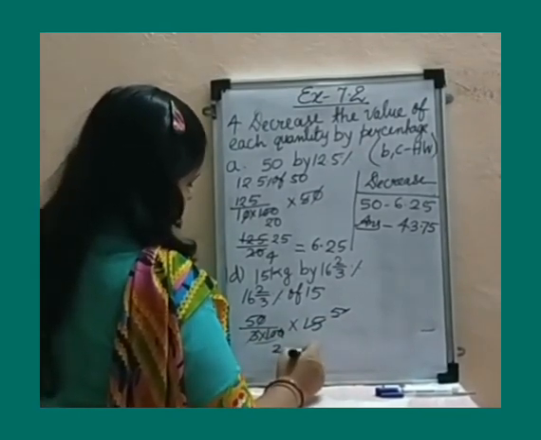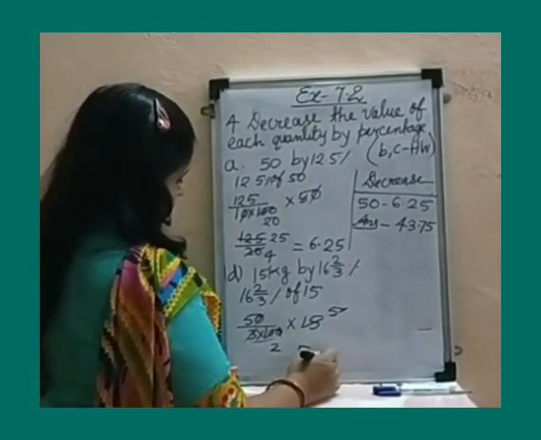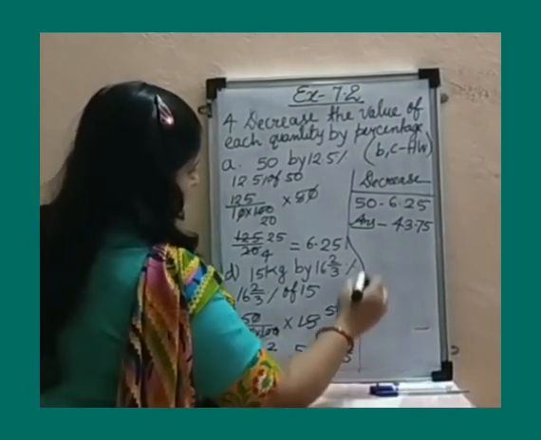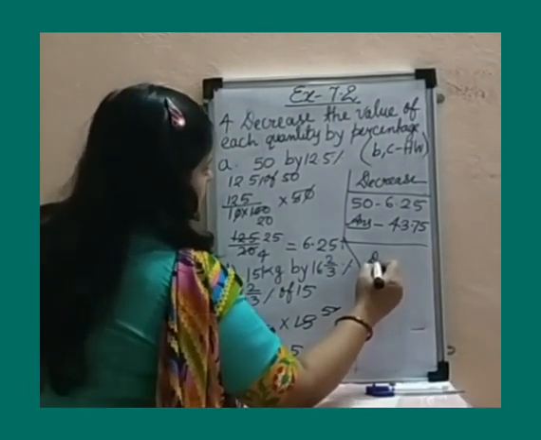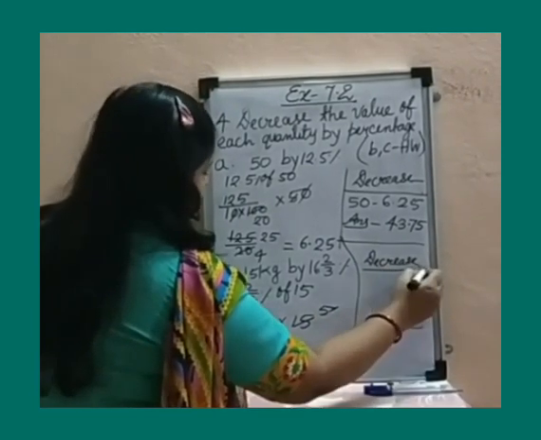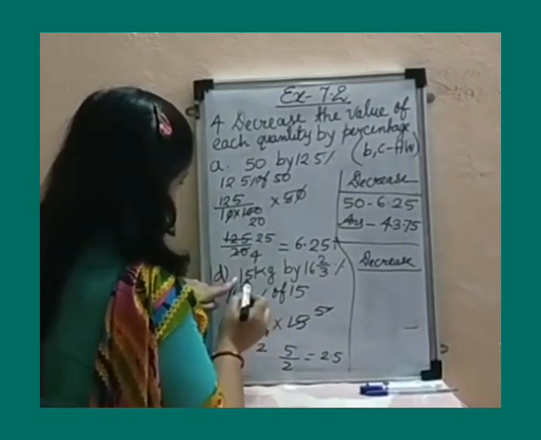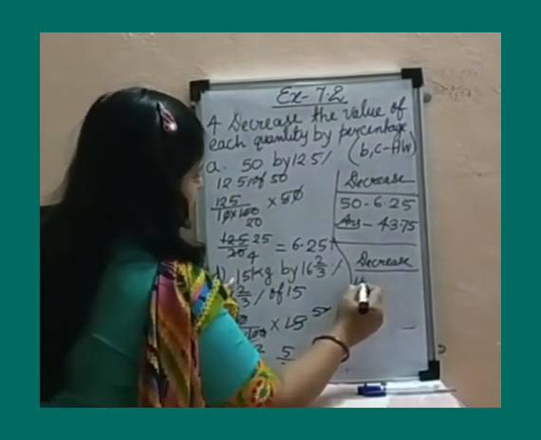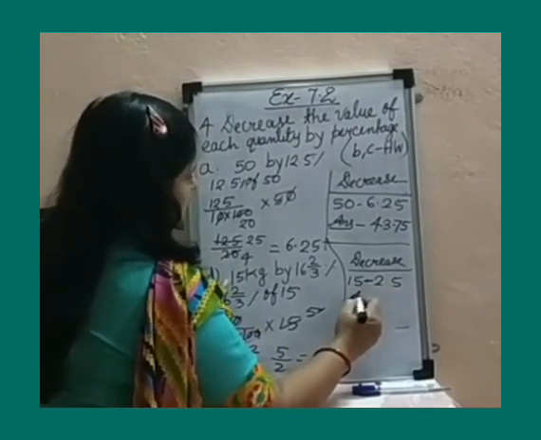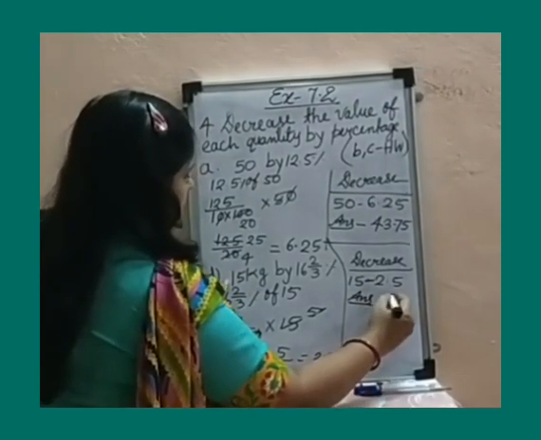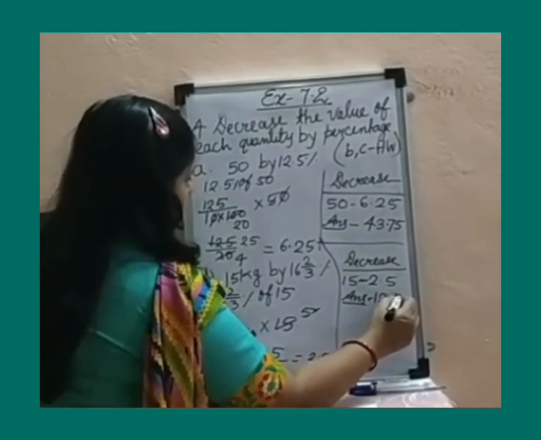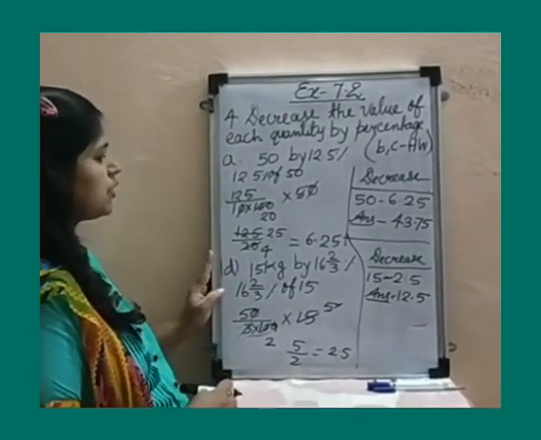So 5 upon 2, it means 2.5. Now decrease equals 15 minus 2.5. Answer is 12.5.